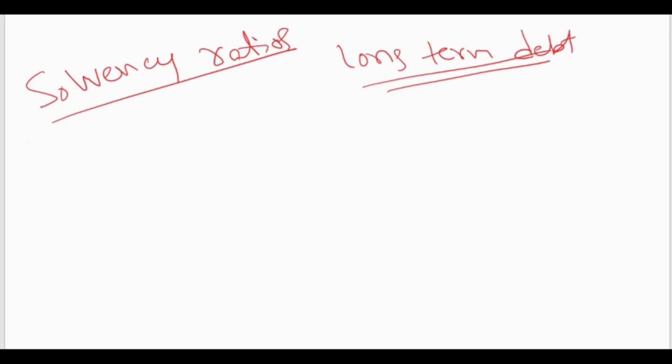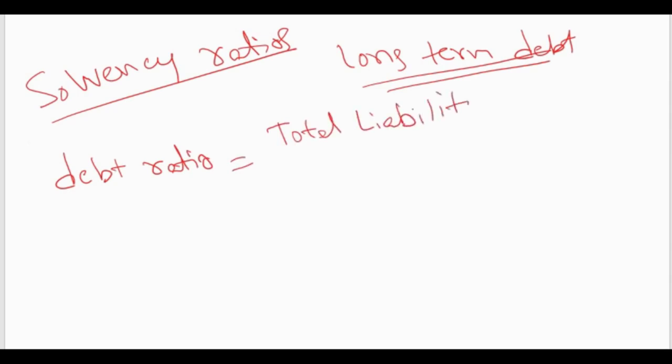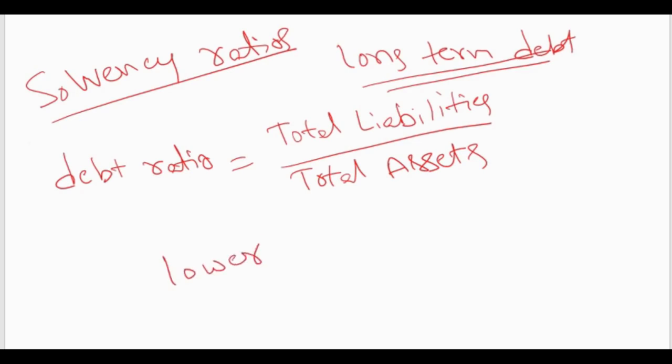Debt ratio equal to total liabilities by total assets, right? Total liabilities by total assets. So how much debt is used to finance its assets? If it is lower, it is better. If it is higher, it is risky, right? So it should always be lower.